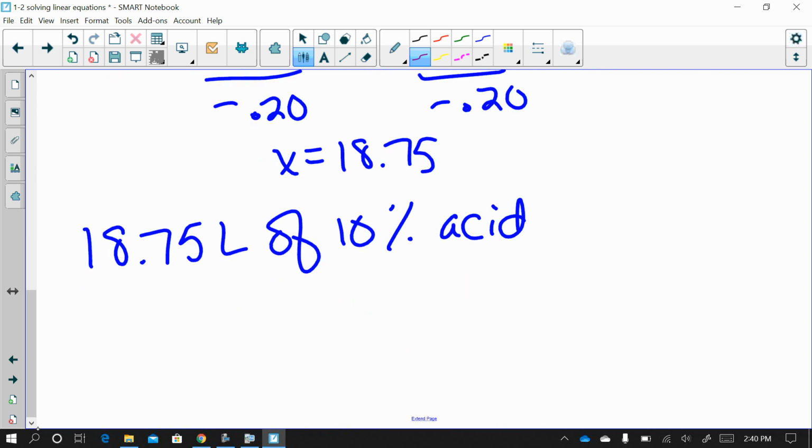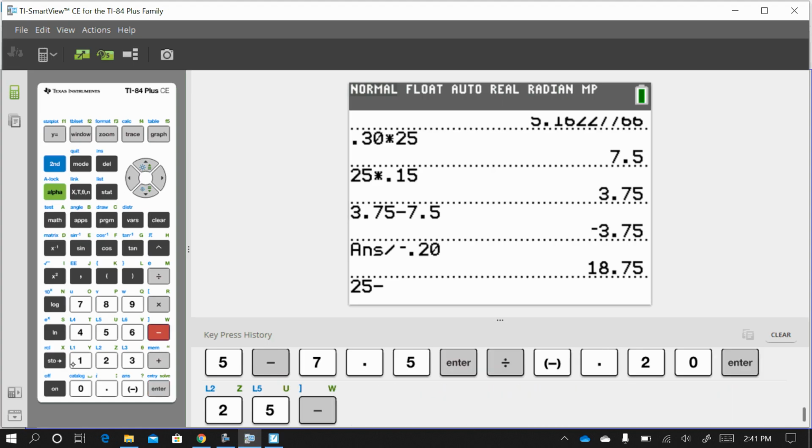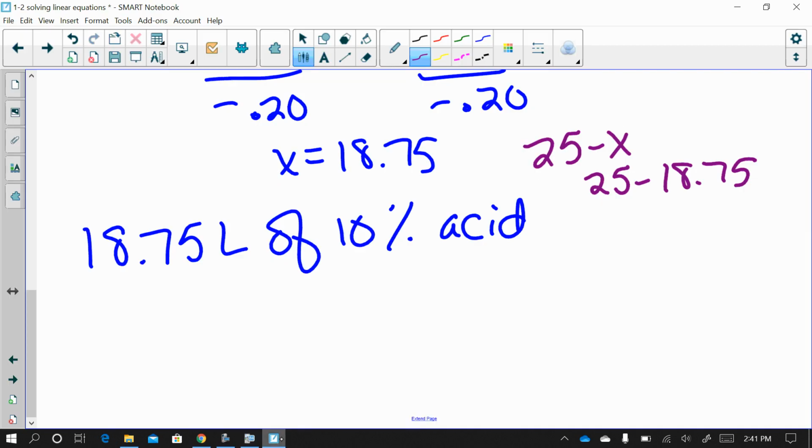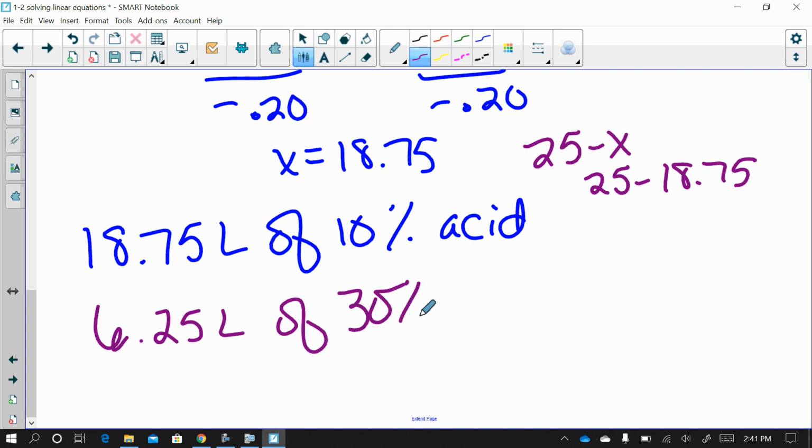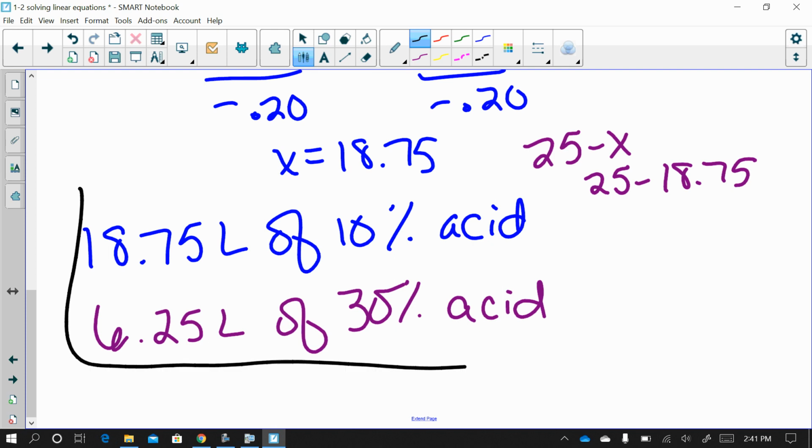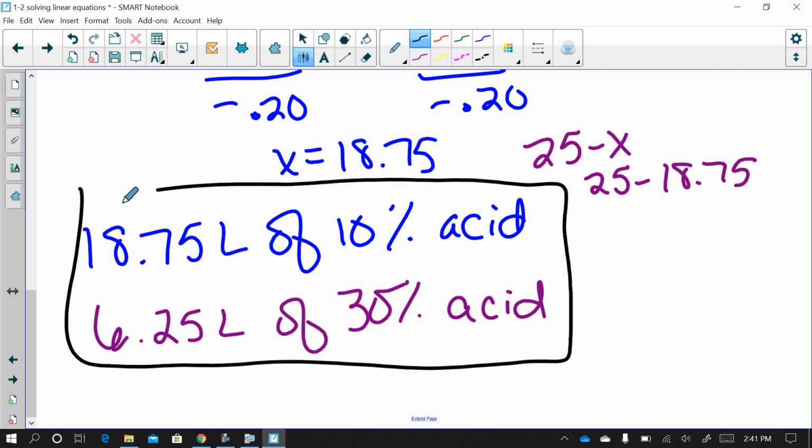So 25 minus 18.75, I get 6.25. So I get 6.25 liters of the 30% acid. Okay, and this right here is my final answer. Notice I was very careful to answer both parts.